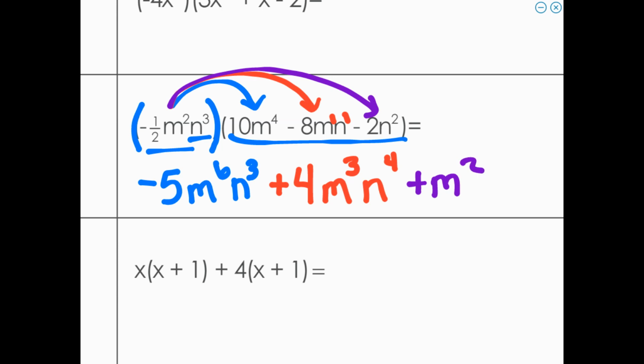N cubed times N squared. N to the 5th. Okay. So even though I had a fraction and it looked kind of ugly, it wasn't really any more difficult than that first one that we did, right? Just a few more letters that you had to deal with.